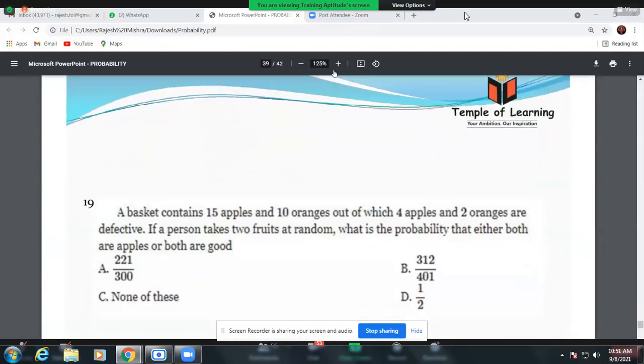This is an interesting question, let me tell you. Very interesting. Solve this. Try and solve this. This is something that will definitely test your skills a little bit.